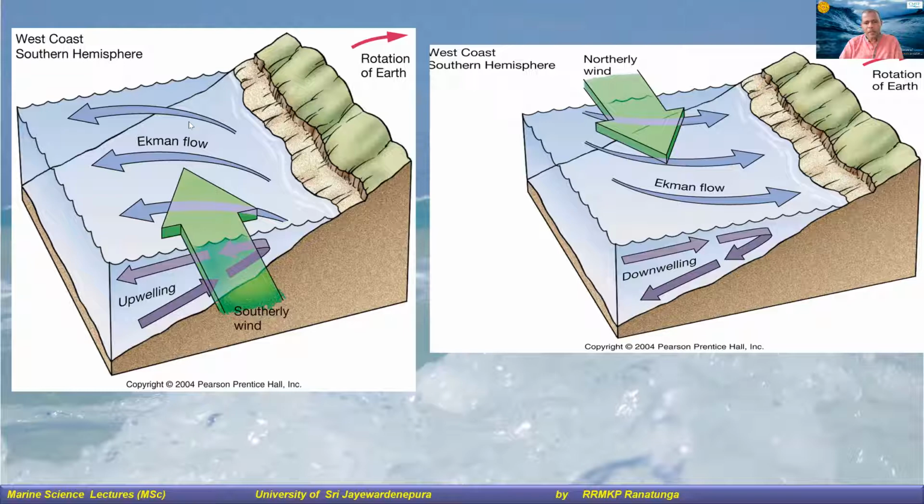But since it is the southern hemisphere, we know that the ocean current movement due to the wind would be to the left, right? If it is in the southern hemisphere, the actual current movement will be to the left.